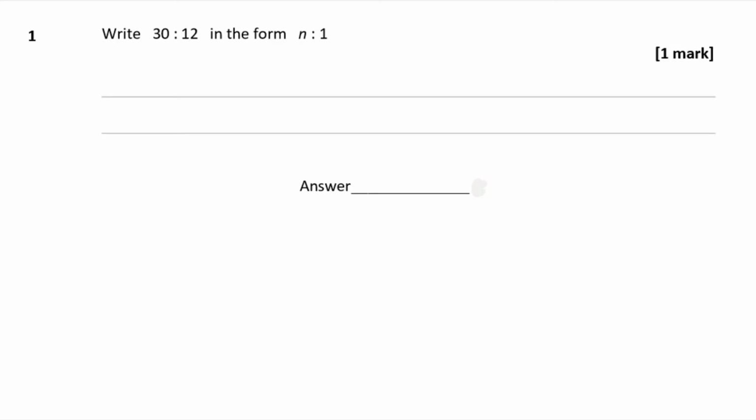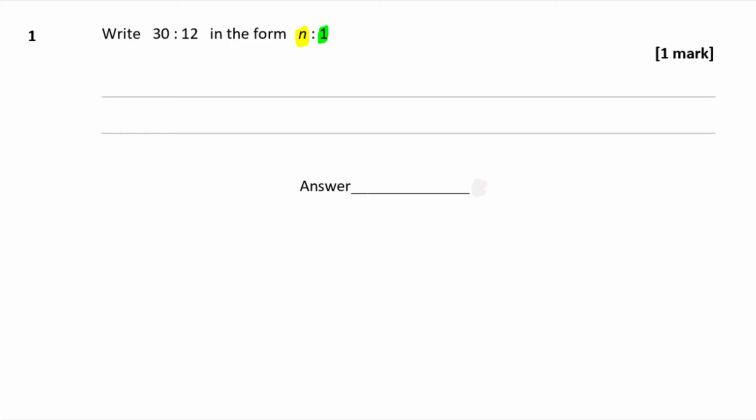Question 1. Write 30 to 12 in the form of n to 1. Okay, so when you see a ratio requested in this form with an n here and a 1 here, it means we need to simplify the ratio down, but further than we might normally do. If we cancelled this ratio down using factors, so 30 and 12 share a common factor of 3, or 6 even, so we could divide them both by 6, couldn't we?